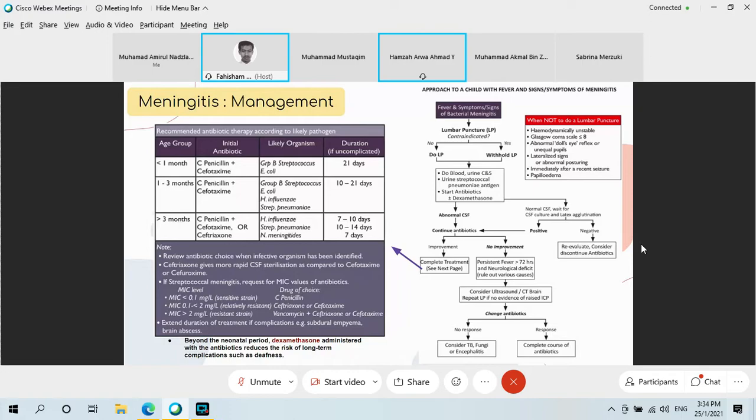Commensally. Maybe some of you have Neisseria in your nasopharynx. It can live there without doing anything. But once the barrier is breached, when you have injury to your nasopharynx, the organism can enter the brain and cause meningitis.